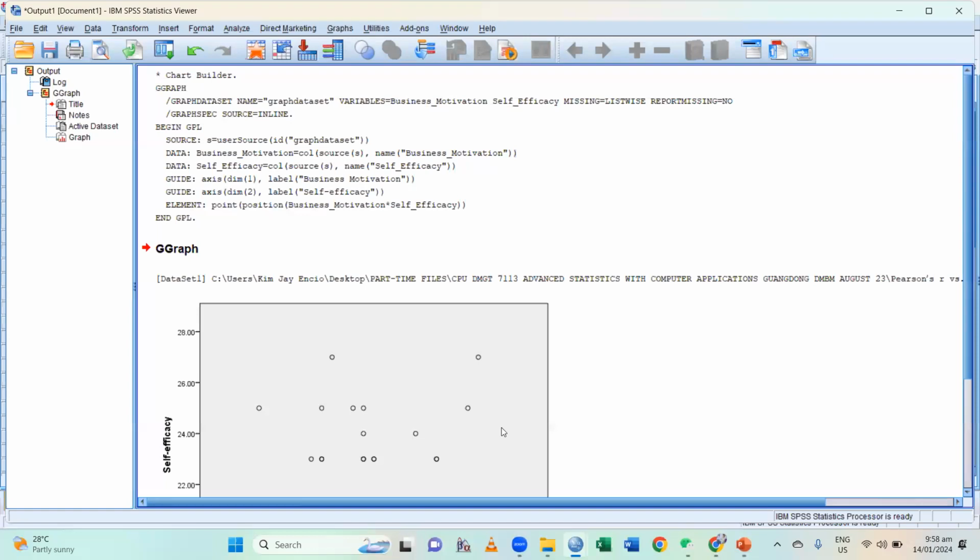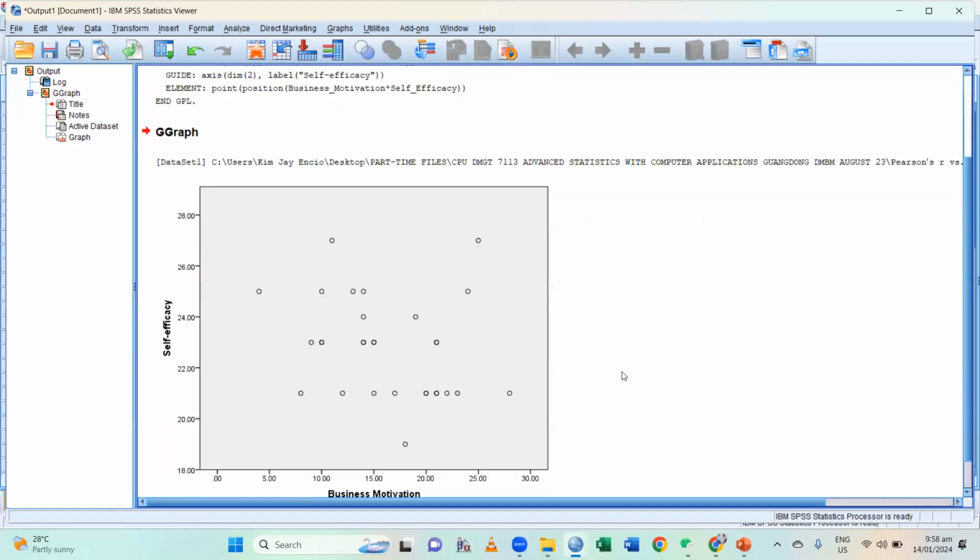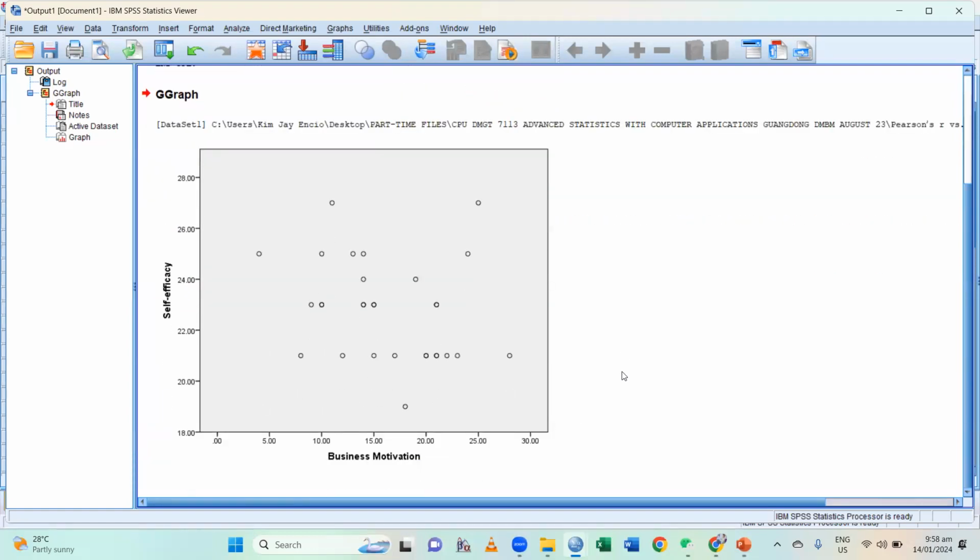And this is now how your scatter plot looks. Take a look at that. Based on the scatter plot, do you think there is a negative, positive, or no relationship? Do you see a line, a trend that is falling to the right?